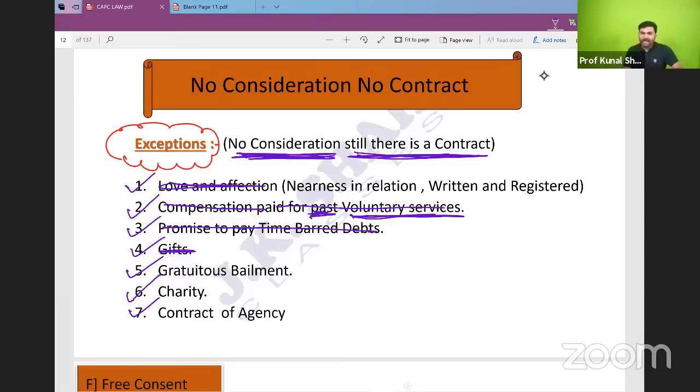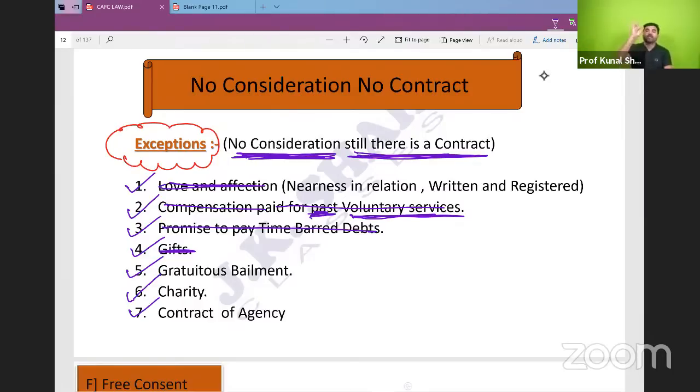Yes, whenever there is a promise to pay a time barred debt, then even if there is no consideration, still there is a valid contract. First of all, what do you mean by time barred debts? Time barred debts are debts which are declared as dead by law.